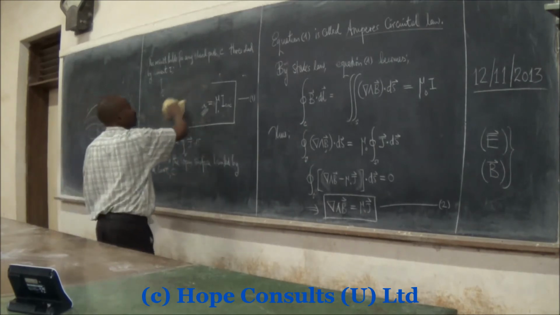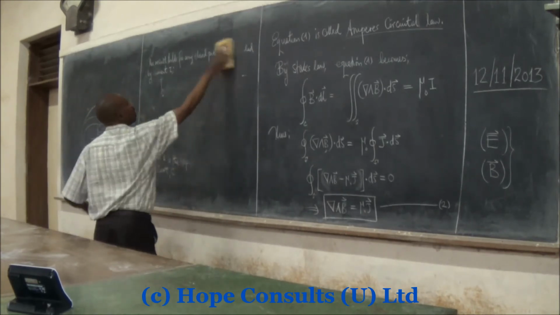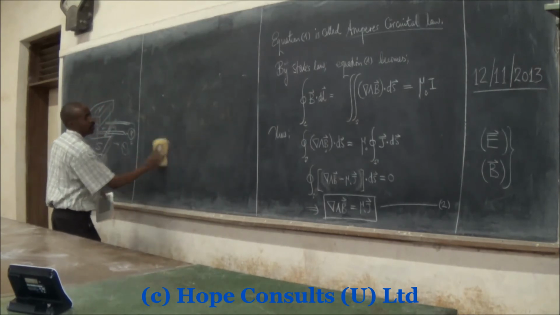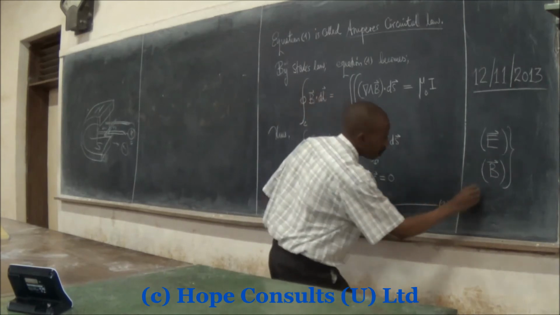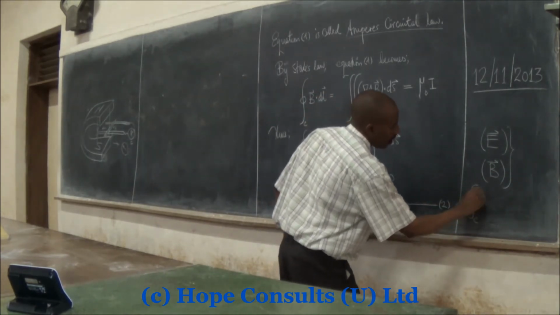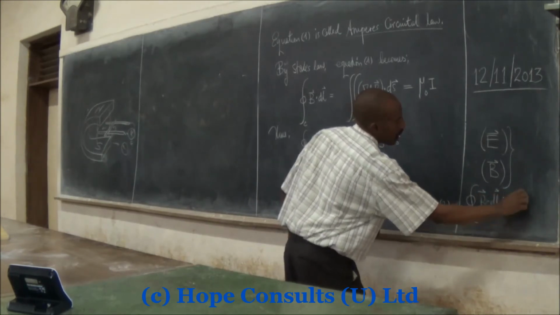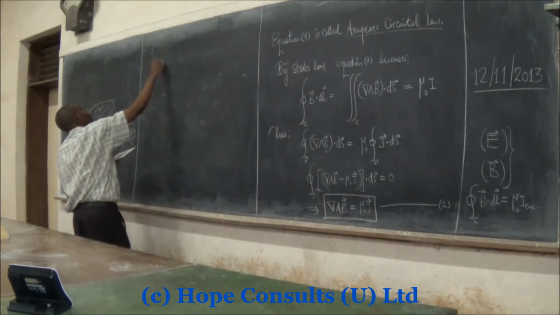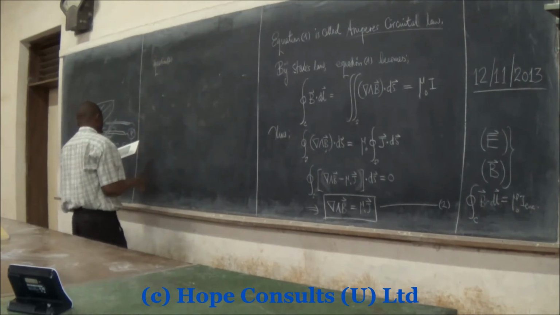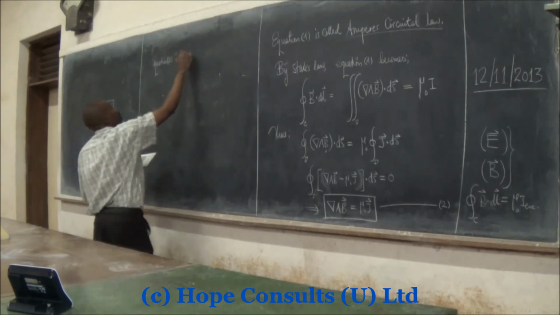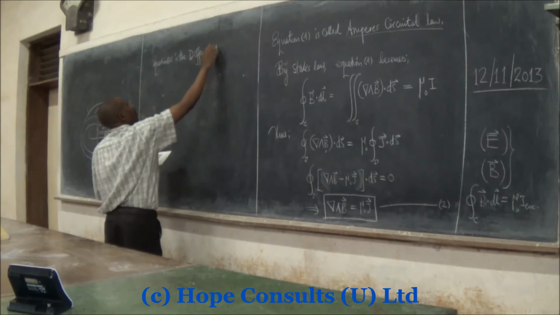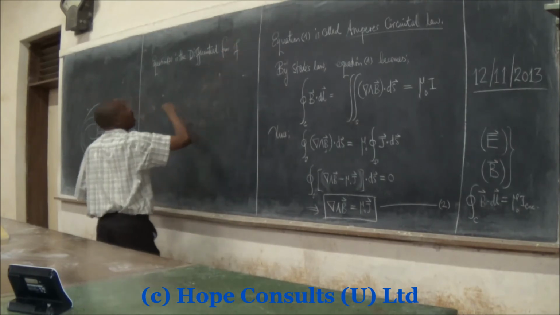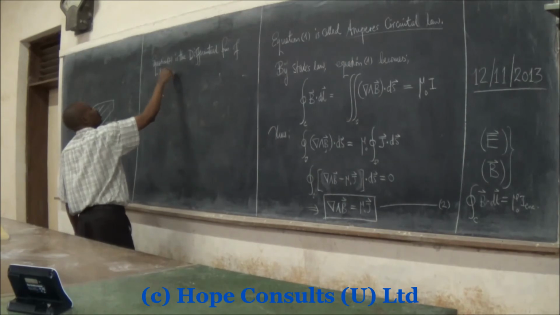The specialness in it is that, compared to the circular law we had here, which I've just wrapped up, the integral over the closed loop of B dot dl being the same as mu naught I enclosed, this equation 2 is the differential form of Ampere's circular law.